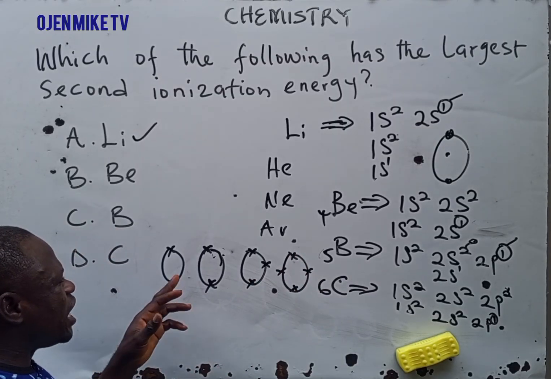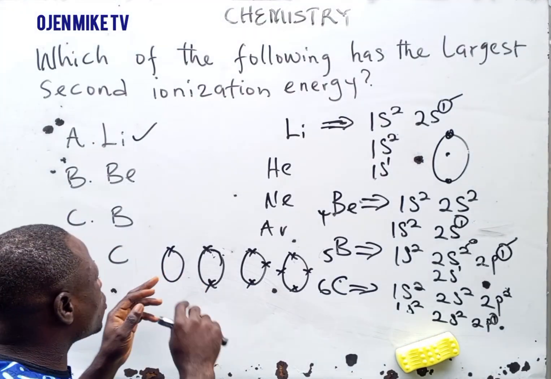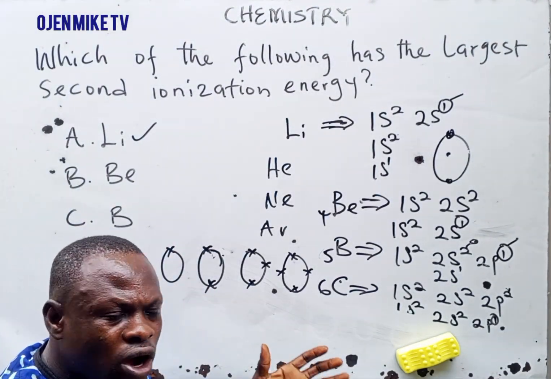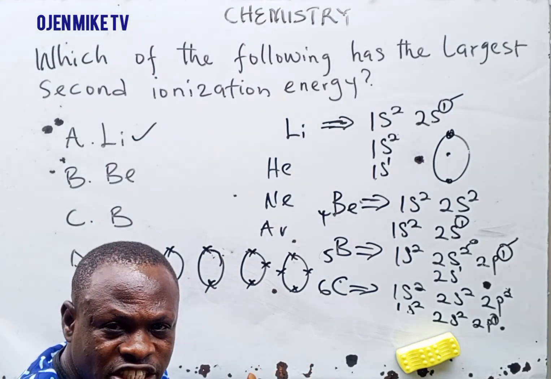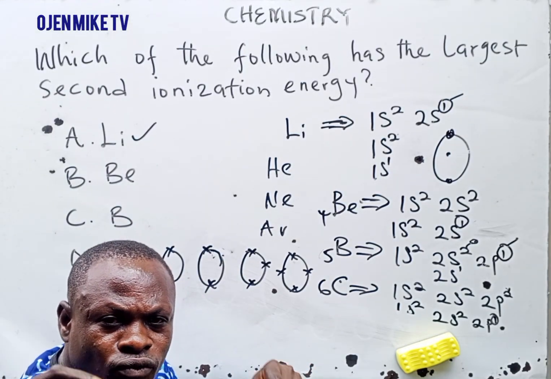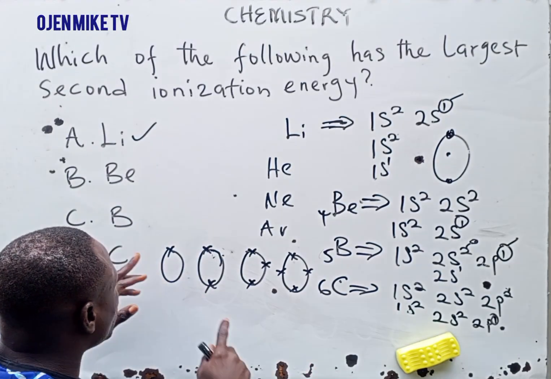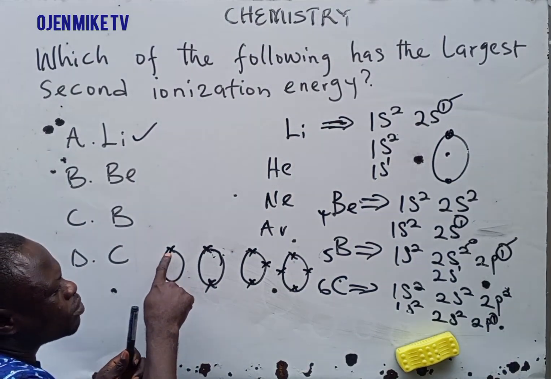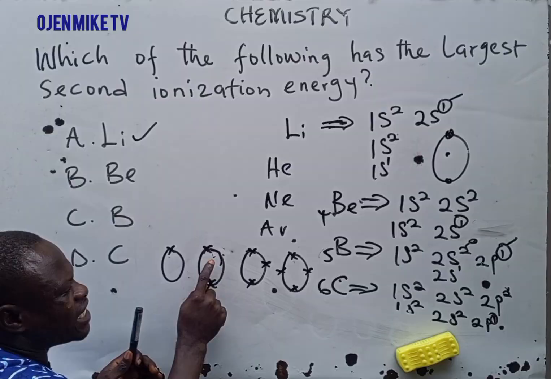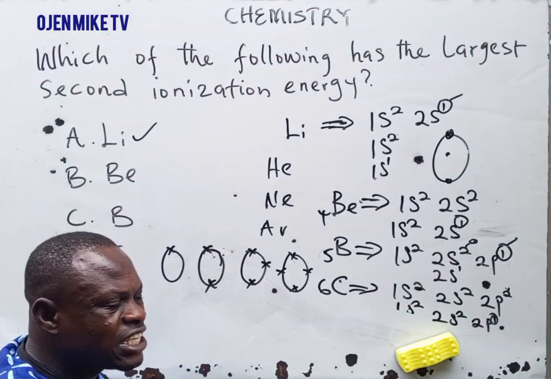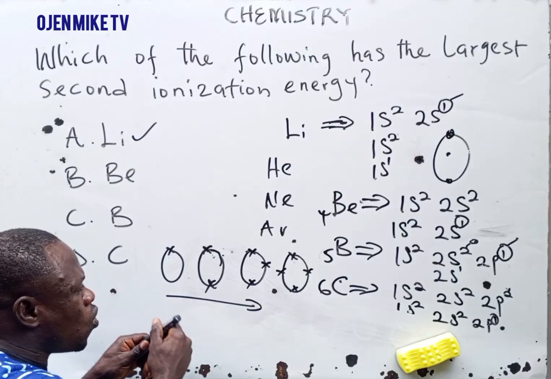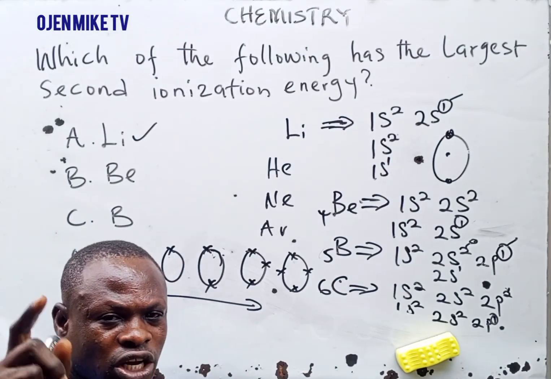Since lithium has fewer electrons, it is easier to remove its electron, because the more electrons there are in a shell, the more difficult it is to remove. Therefore, in the first ionization energy, the energy required to remove lithium's electron is lesser than for the others. So ionization energy increases across the period.